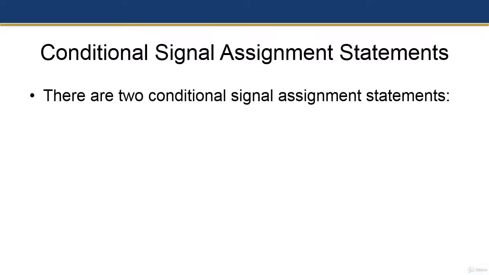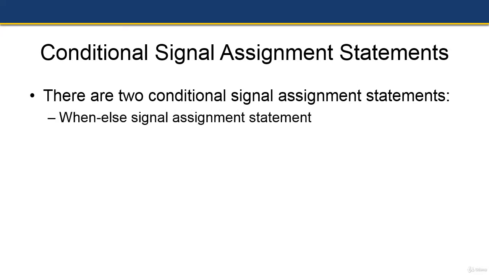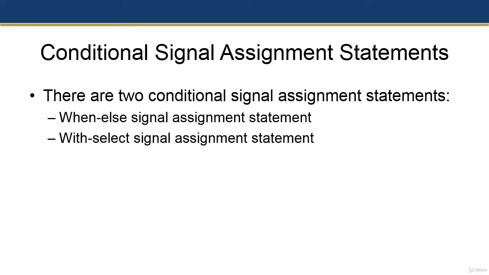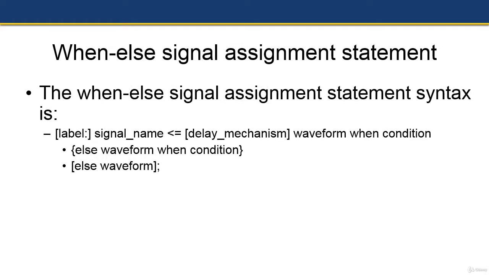Next, we're going to look at the two conditional signal assignments, the when-else signal assignment and the with-select signal assignment. The when-else signal assignment syntax is basically this: the optional label followed by the signal name identifier, followed by less than equals, delay mechanism and waveform, just as we had in our basic signal assignment before, but followed by when condition.